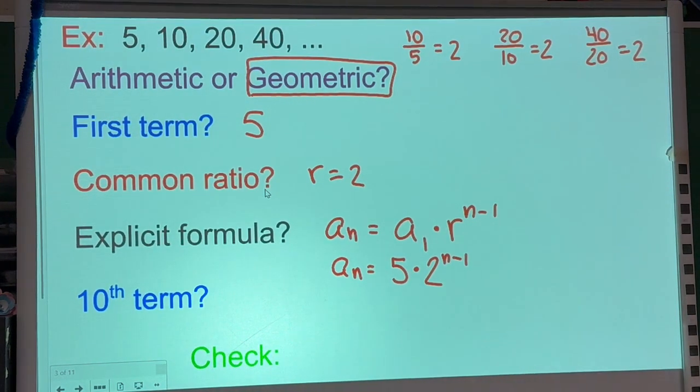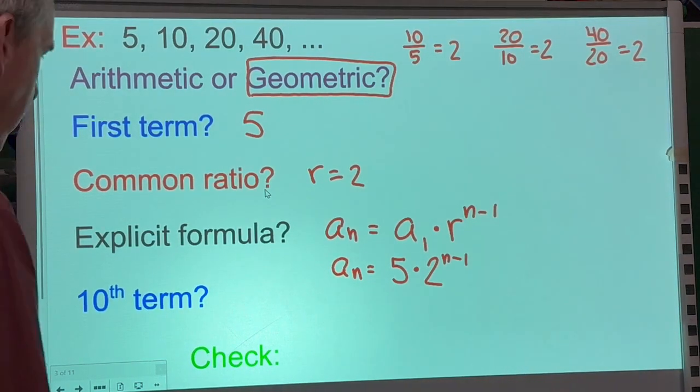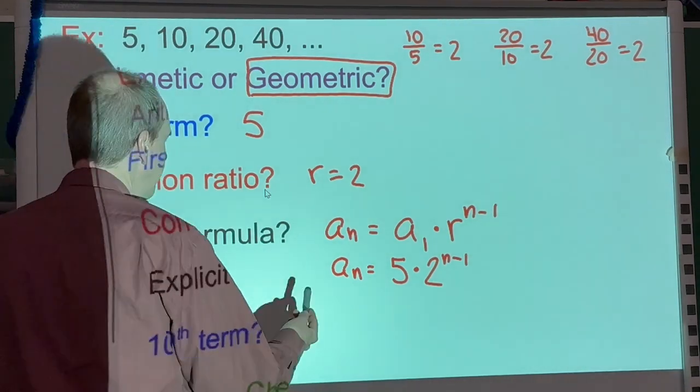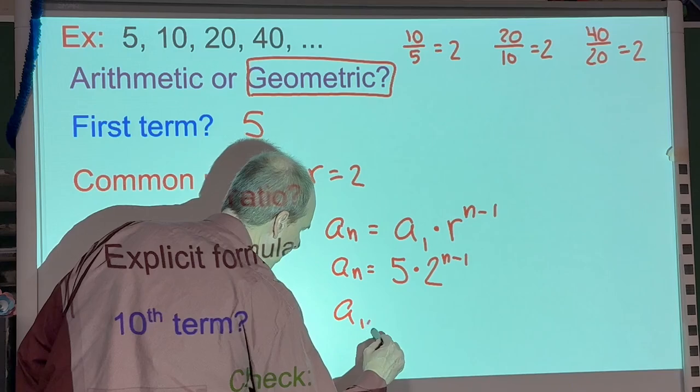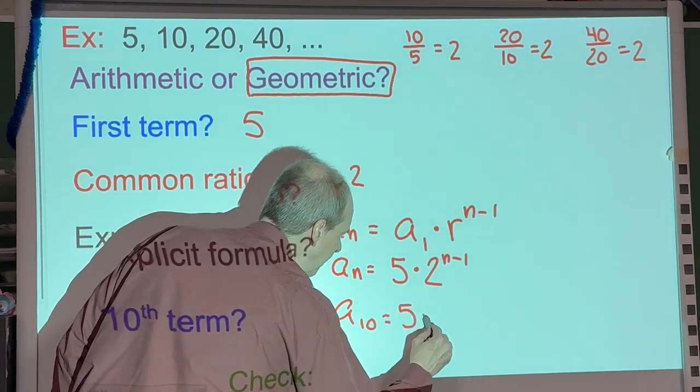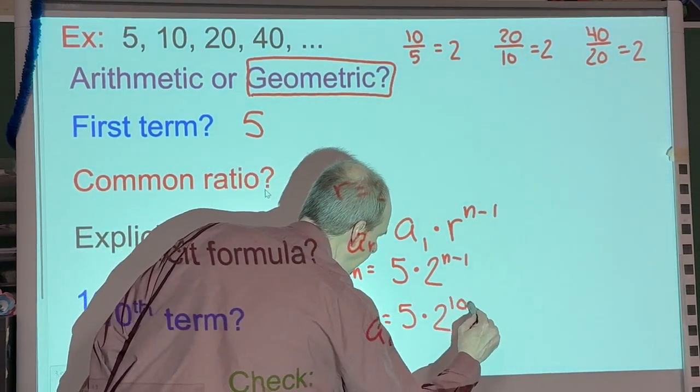Now it's only the 10th term. I made it small enough so we can check it by simply multiplying by 2 until we hit the 10th term. But this gives us a way to see that our formula will actually work also. So let's start with the formula. The 10th term: a sub 10 equals 5 times 2 to the 10 minus 1.